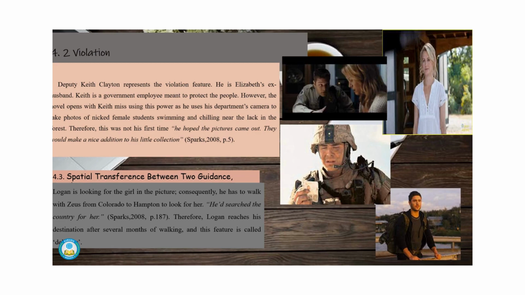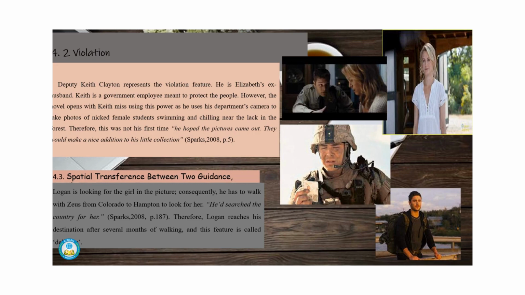Another feature is spatial transference, between two kingdoms. This is what happened. The story opened when Logan, here is a picture of Logan, found the picture in Iraq, and he was lucky to survive three tours in Iraq because the picture was the lucky charm for him.